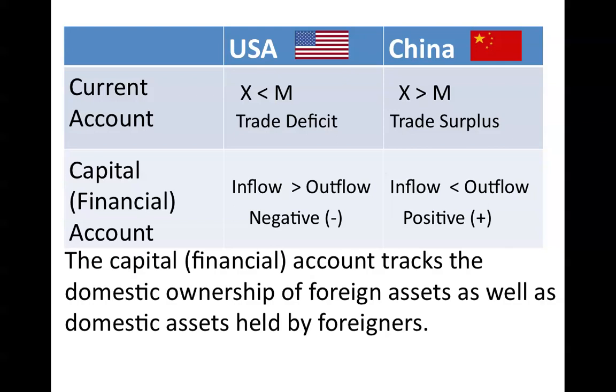So the capital account, as a reminder, is a way for us to track how much one country owns of another country's financial assets. And the reason why China is able to do this is because they've sold so many more things to us than we bought from them. Okay? And that is the capital account and the current account and how that affects the balance of trade and the balance of payments.